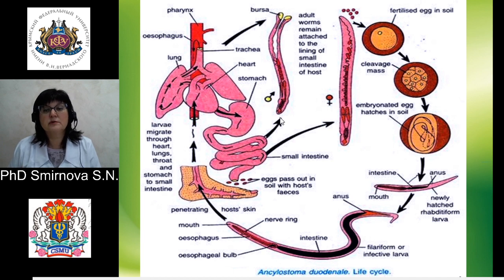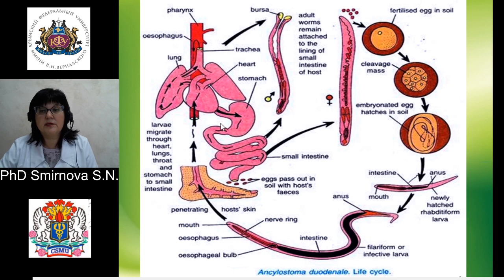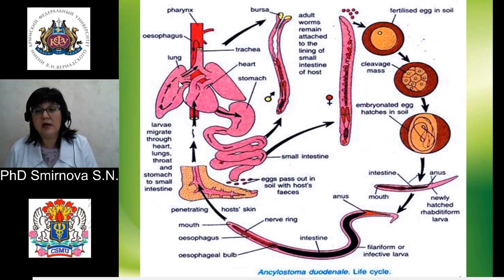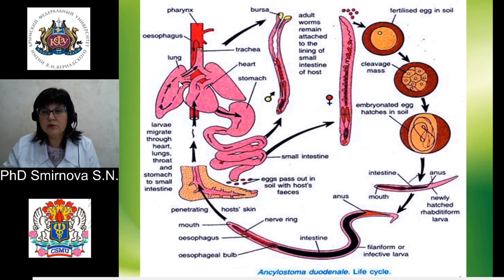Then during 2 or 3 weeks the rhabditiform larva develops in the lung and needs oxygen to transform to filariform larva. For Ankylostoma duodenale, the infection stage is the filariform larva. This filariform larva moves to the lung because it is important for it to move back to the human small intestine, where it can develop into the adult form.